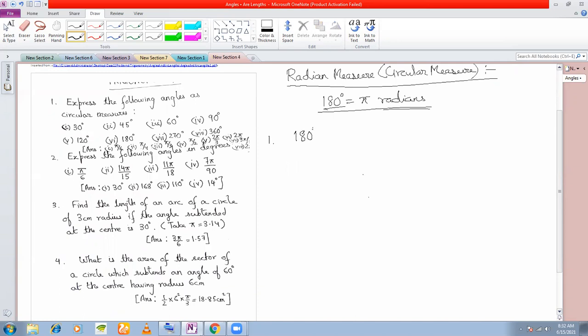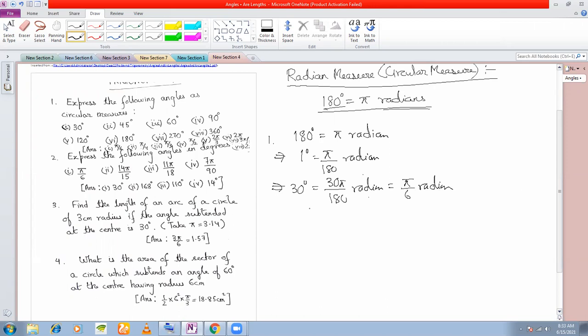180 degrees is equal to pi radians, isn't it? Therefore, 1 degree is equal to pi by 180 radian, isn't it? That means 30 degree is 30 pi by 180 radian, which is equal to pi by 6 radian.